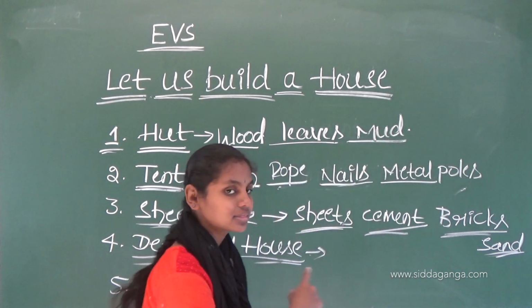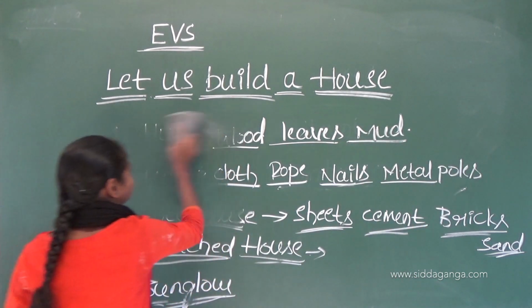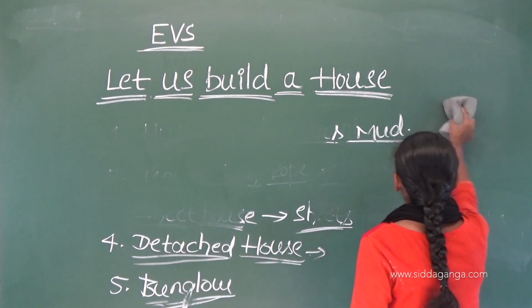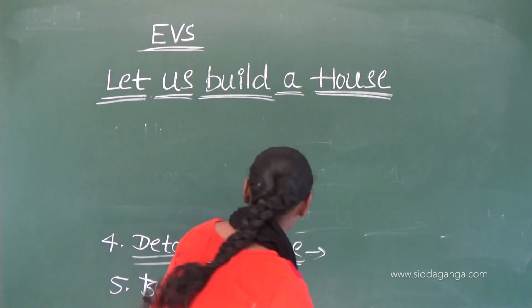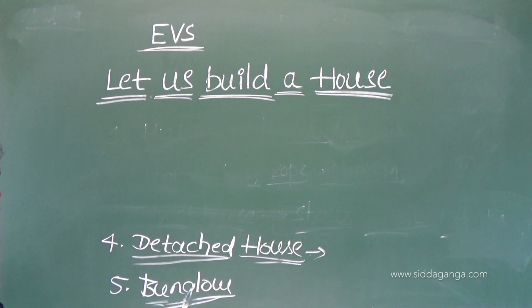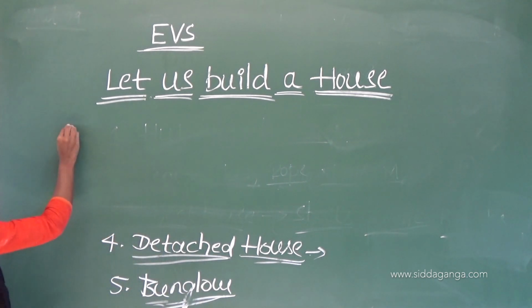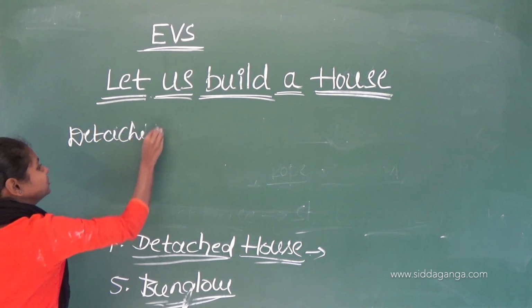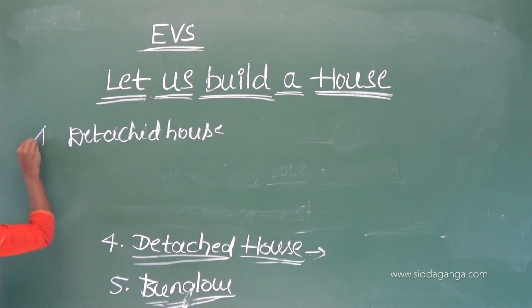Okay, I will rub this, then I will write here. For detached house, this is the 4th house.